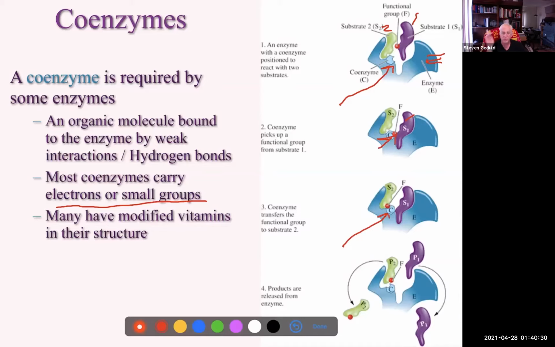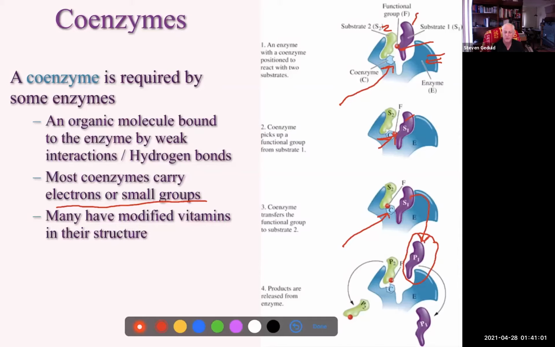So you removed a group from substrate number 1, and this becomes your product number 1, because now that little area has been removed from it. The coenzyme has to be there for the enzyme to be active. The activity allows substrate 1 to transfer some functional group to substrate 2, and then substrate 1 becomes the product because the group has been transferred.